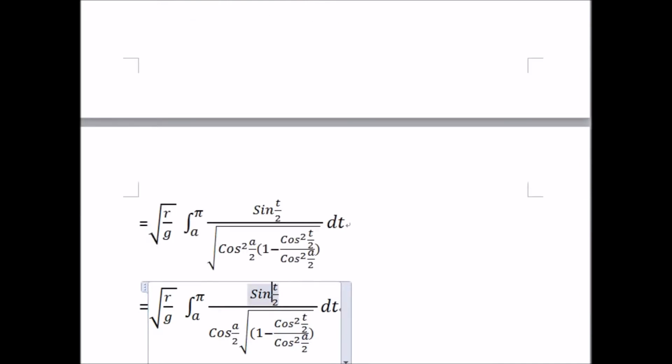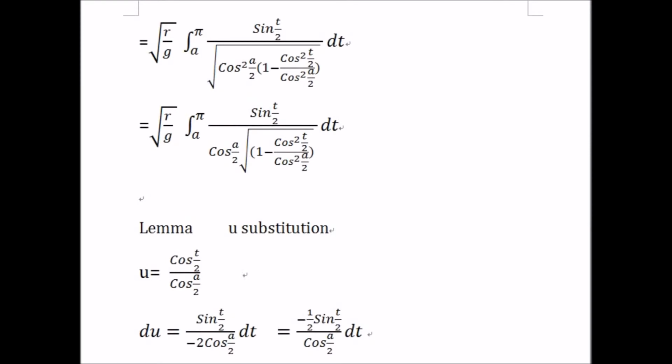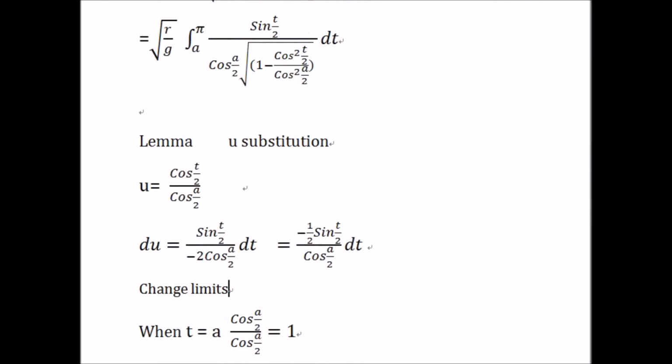And we simplify further, and we have to face u substitution, which is so fun! Yay! Ew! In this case, u is going to be cosine t over 2 over cosine a over 2, and du, the derivative of u, is going to be minus sine t over 2 over 2 cosine a over 2, which can be simplified as minus 1 over 2 sine t over 2 over cosine a over 2.